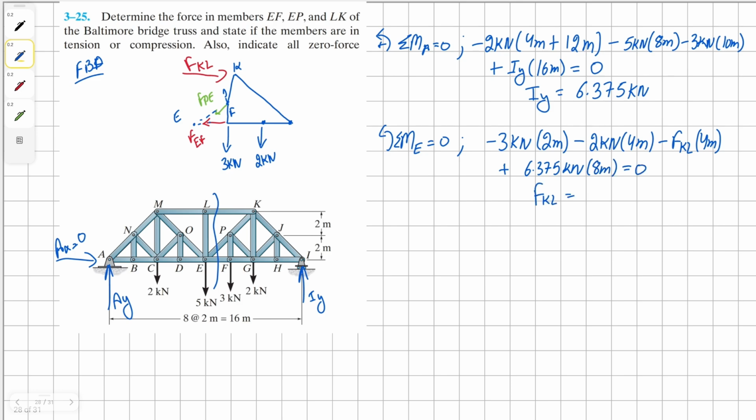So for force KL, we get our solution as 9.25 kilonewton, and this member is in compression.